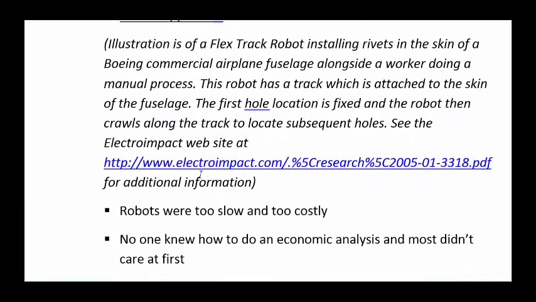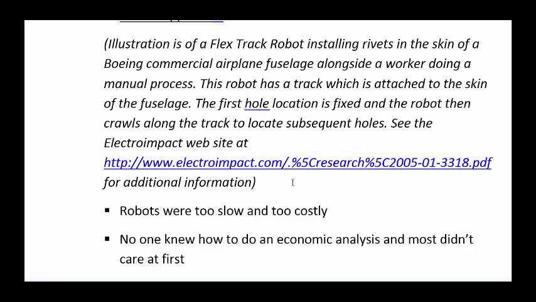I also found out, this is when I started talking about automation in the PowerPoint, that this company, Electro Impact, has changed their website around some. So the picture of the robot that crawls over the skin of the aircraft and does rivets is no longer at this location, but the website www.electroimpact.com still has lots of information on their FlexTrack robot and on other robots.